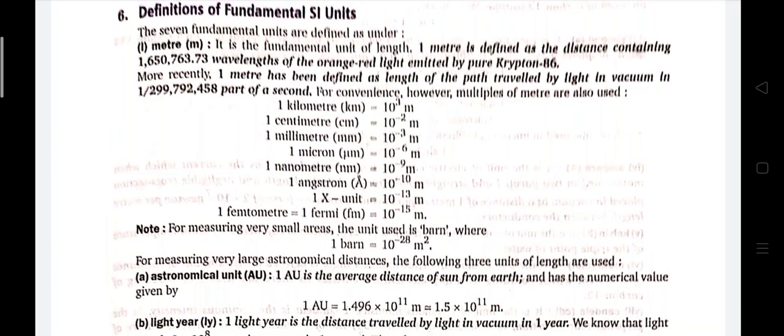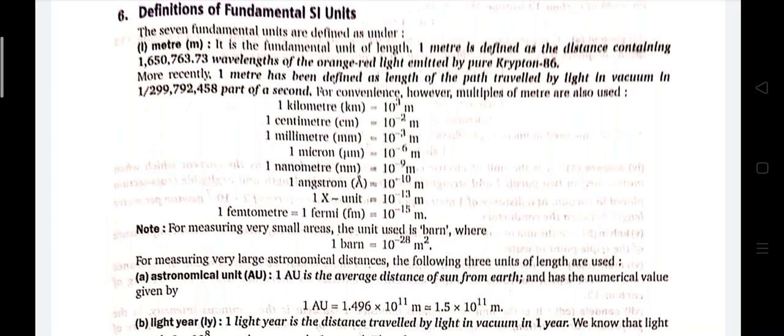Other units: 1 kilometer, 10 raised to power 3 meter; 1 centimeter, 10 raised to power minus 2 meter; 1 millimeter, 10 raised to power minus 3 meter; 1 micron, 10 raised to power minus 6 meter; 1 nanometer, 10 raised to power minus 9 meter; 1 angstrom, 10 raised to power minus 10 meter; 1 Fermi, 10 raised to power minus 15 meter. All of them are very important.